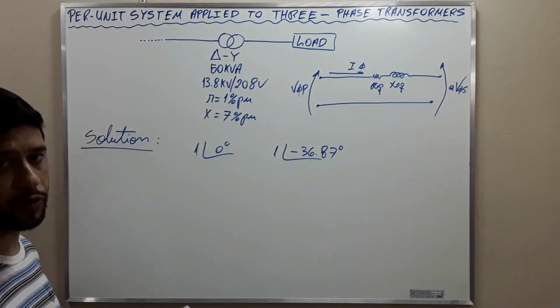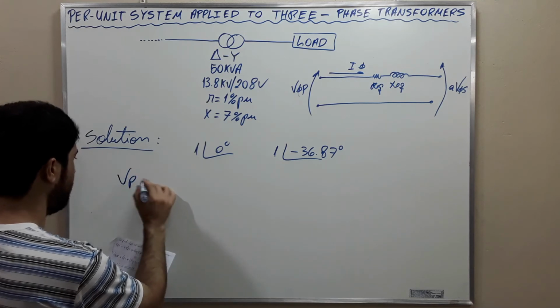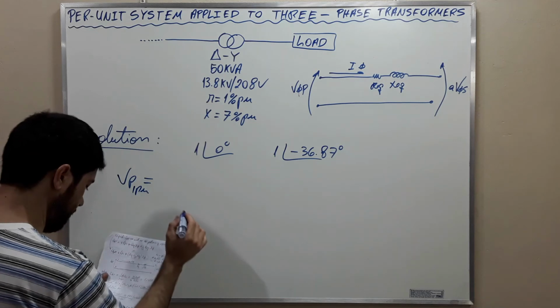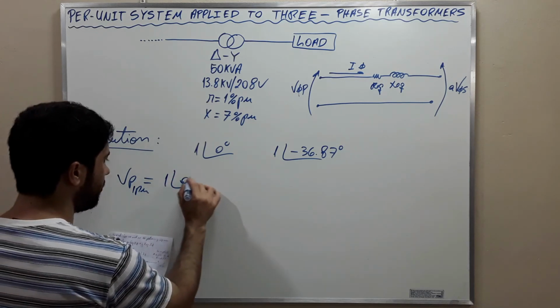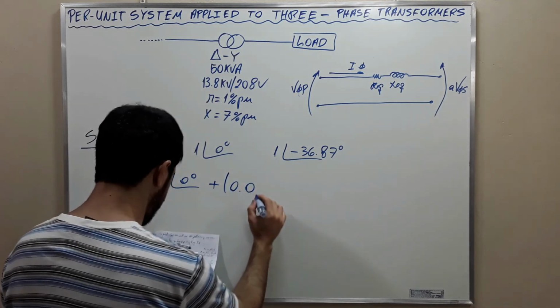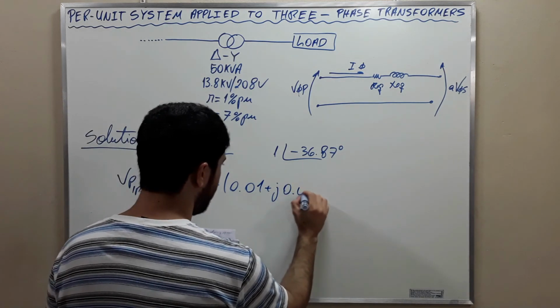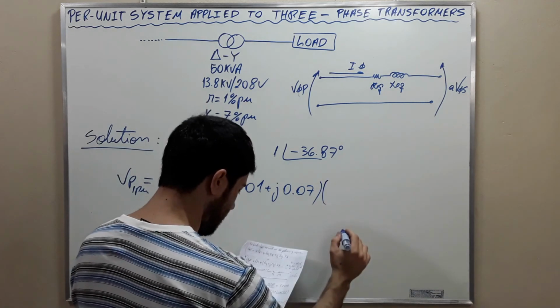Therefore, the input voltage is going to be Vp in per unit, 1 phase 0 degrees plus 0.01 plus J 0.07 times the current.